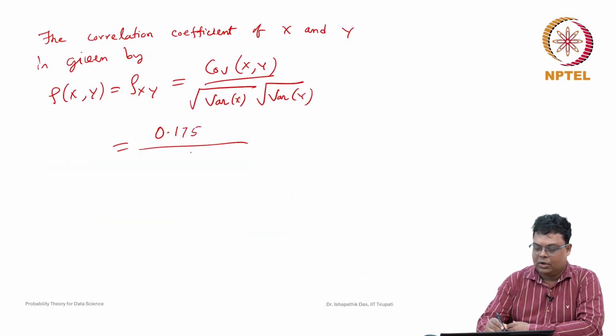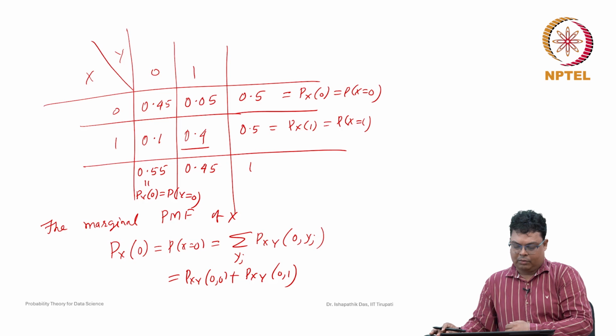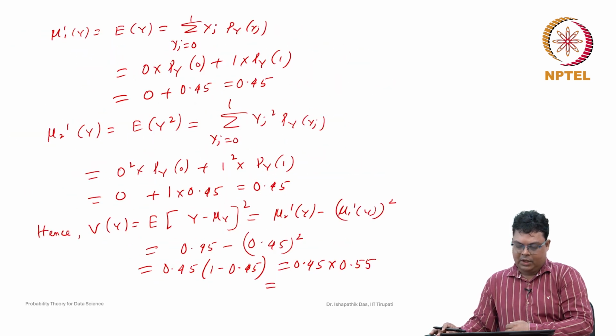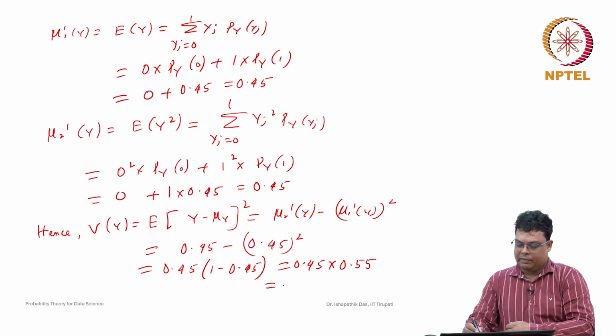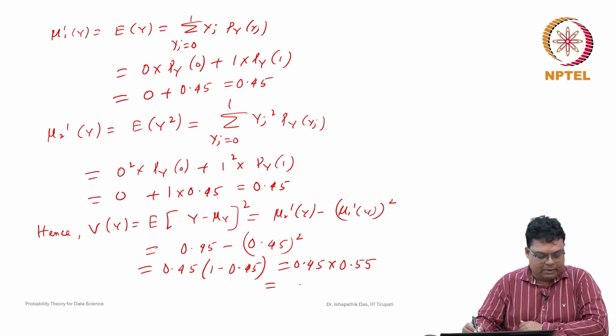The variance of y we did not compute, so we have to multiply this to find it. If you use a calculator, you get 0.45 into 0.55 equal to 0.2475. This is the variance.